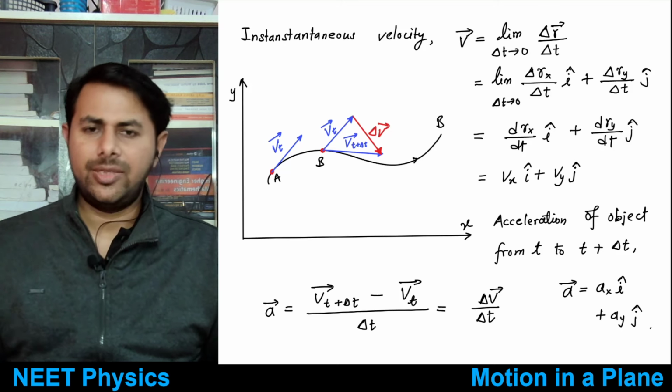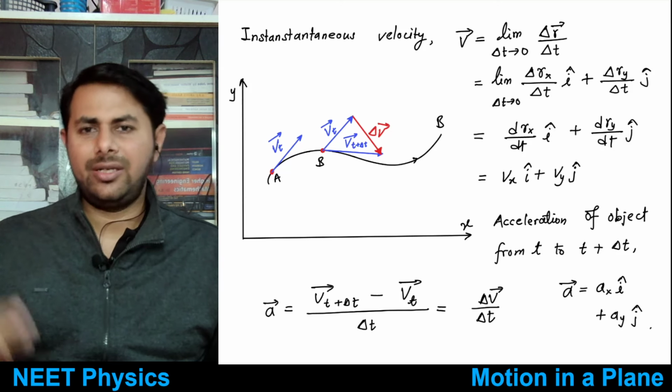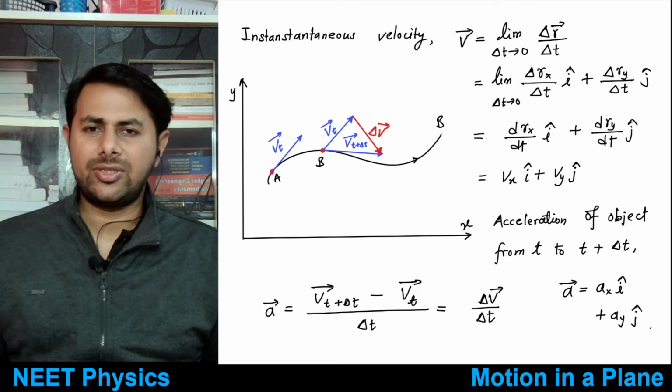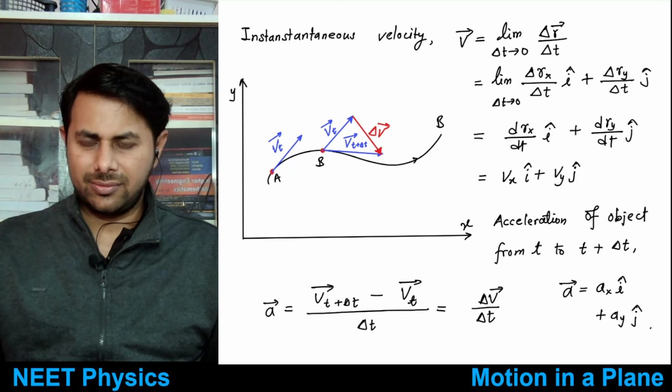So if there is acceleration in y direction, that will not change the velocity in x direction. If there is acceleration in x direction, that will not change the velocity in y direction. This thing is clear, everyone? Right, very good.